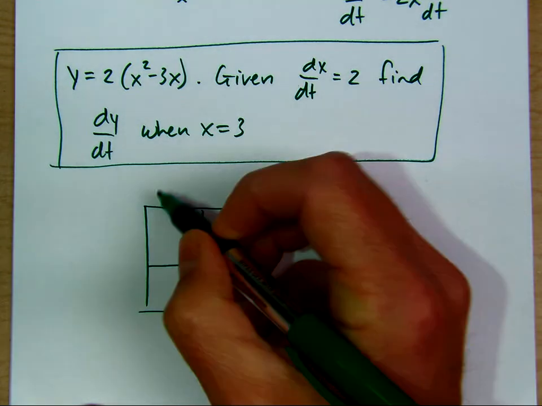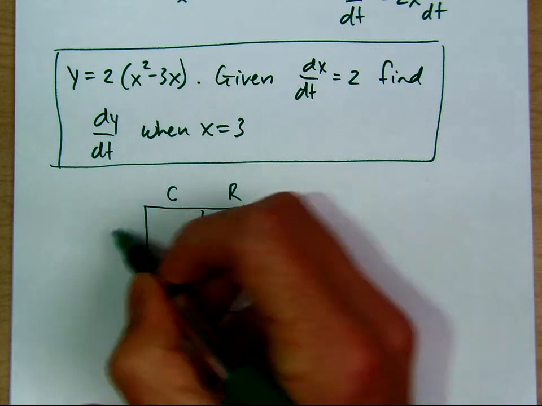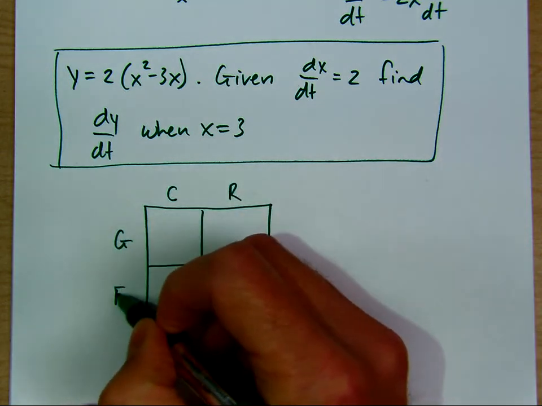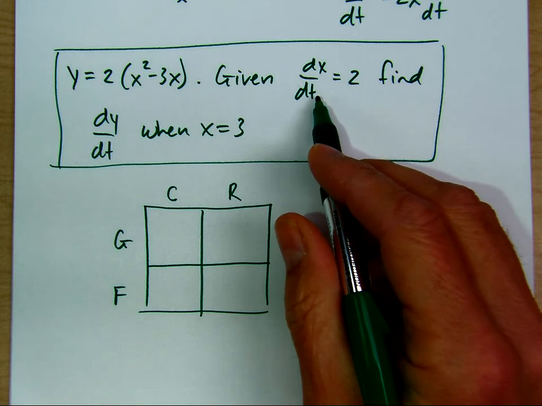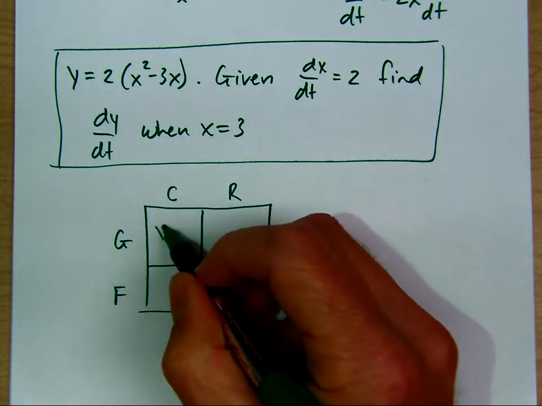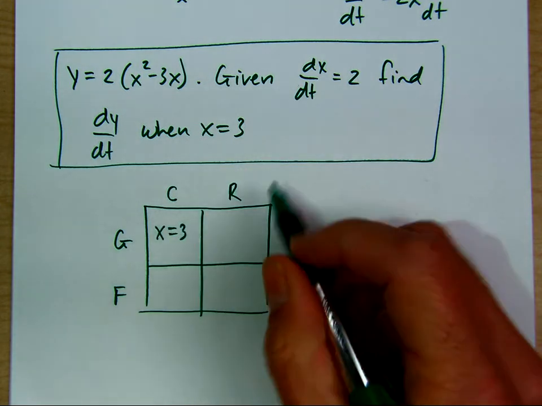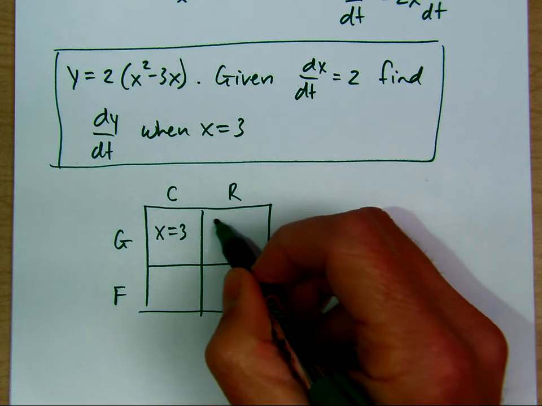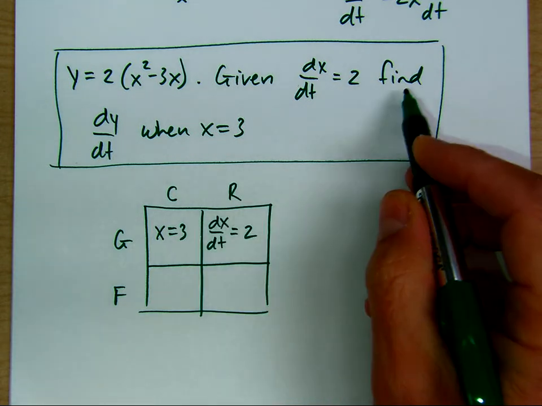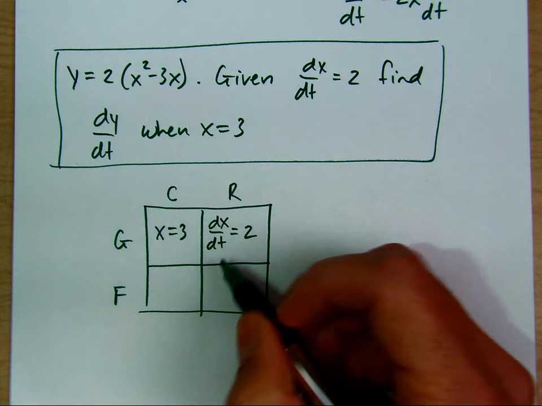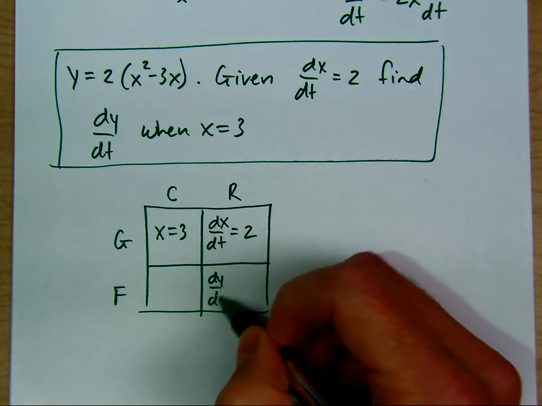So this will be a constant, this will be a rate, this will be given and find. A given constant: x equals 3. Here's a given rate, dx/dt. And we're going to find a rate, dy/dt.